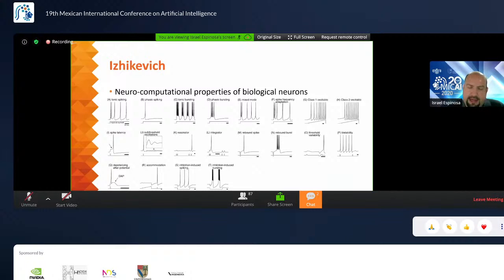spikes from these excitatory neurons to the postsynaptic neurons, that means that the postsynaptic neurons will start accumulating a lot of information, a lot of energy constantly. So when they start receiving a lot of energy, obviously they will start firing faster. And there will be a point where they have so much energy that they will start firing at every time step.